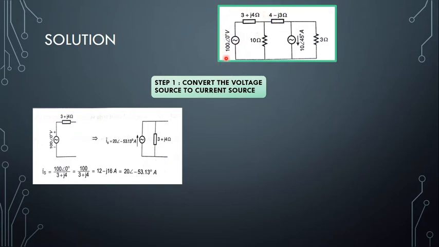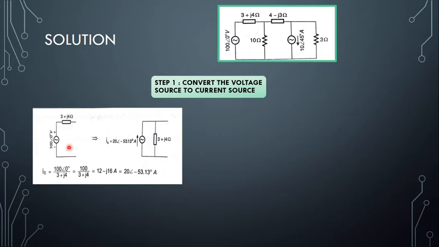So here we have a voltage source connected in series with a 3 plus j4 ohm impedance. When you convert this to a current source, it becomes a current source in parallel with the impedance. A voltage source is always in series with an impedance, and a current source is connected in parallel with the impedance. Now how do we convert this? We do source transformation.